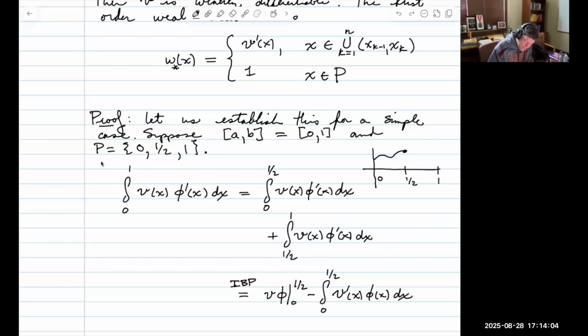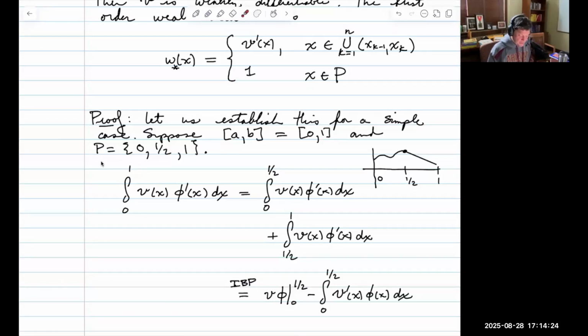So what else could it do? Let's make it linear. Okay, and maybe I'll line that up a little bit. Perfect. Okay, so it looks like it has a jump in its derivative.